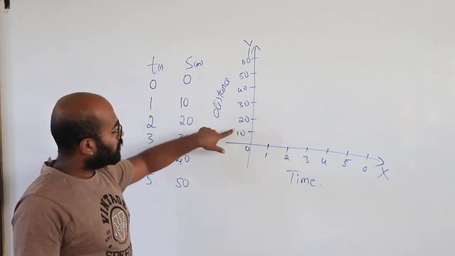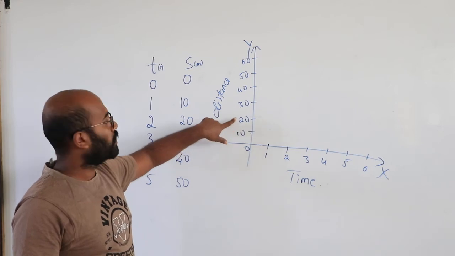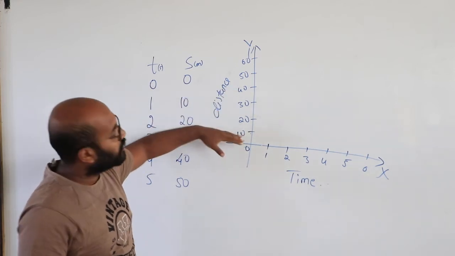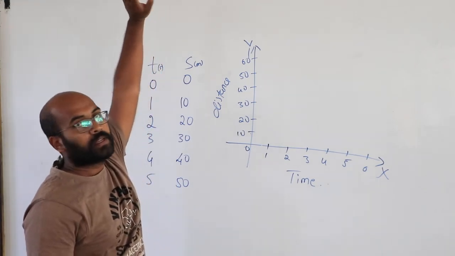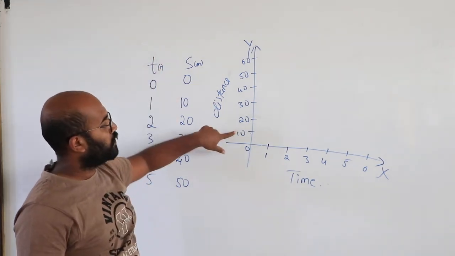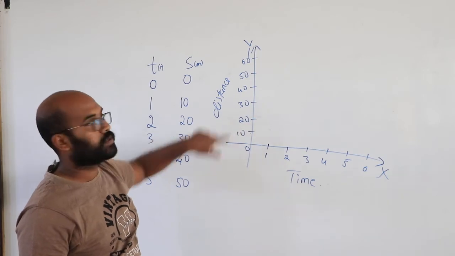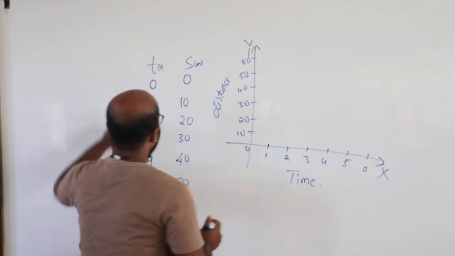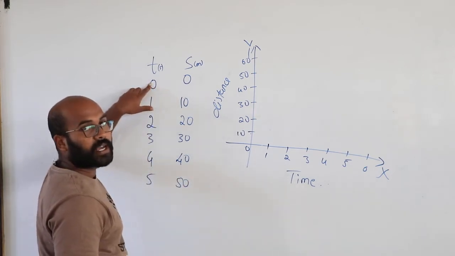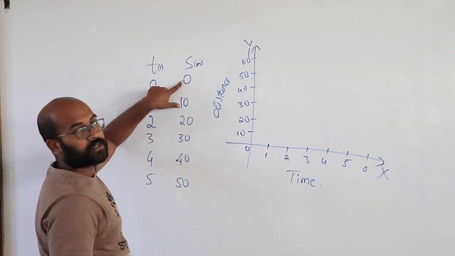But instead of 10, if you had taken 1, 2, 3, 4, 5, 6, then the y-axis would have gone above. That's the reason we have taken 10, 20 instead of 1, so that plotting becomes easier. So at 0 time, the distance is also 0.